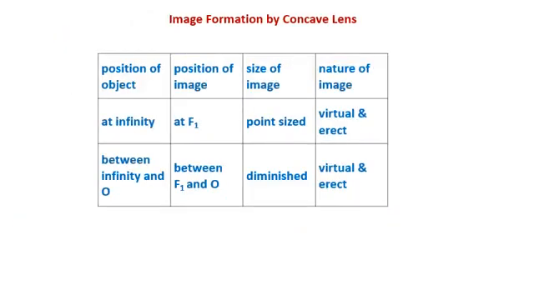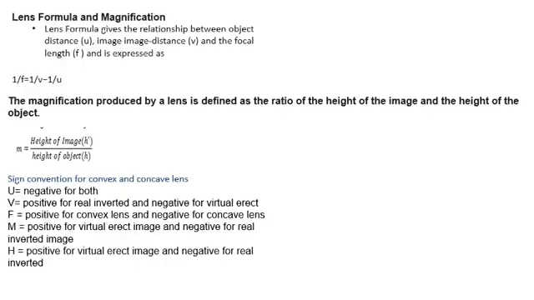This is a table which shows the image formation of the concave lens. Now we will see the lens formula and the magnification, right? So the lens formula is 1/f = 1/v - 1/u, and the mirror formula is 1/f = 1/v + 1/u.